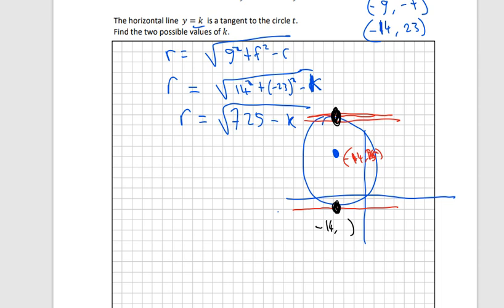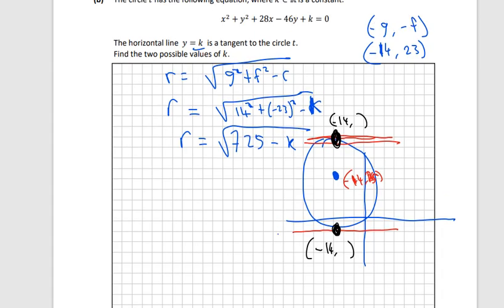So minus 14 something and minus 14 something. Really, we want to find the y coordinate for that. And because the name of the line of the tangent is y equals k, that's that line. Therefore, that coordinate has to be k in there.